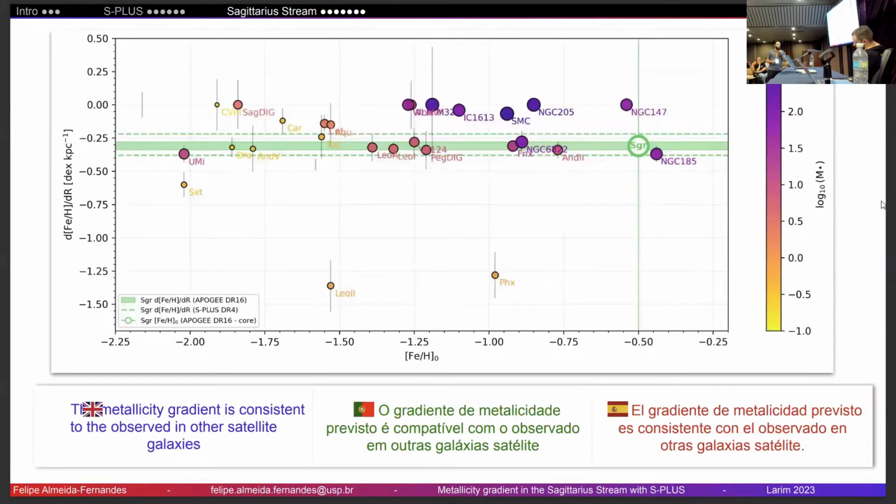And then we compared it to other satellite galaxies or other dwarf galaxies in the local universe. And the metallicity gradient that we measure is consistent with other metallicity gradients, although Sagittarius is more metal-rich in the core. But this is something that we observe with the spectroscopic data for the stars in the core of Sagittarius.